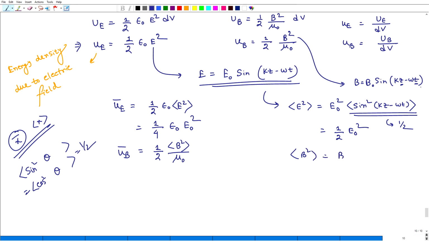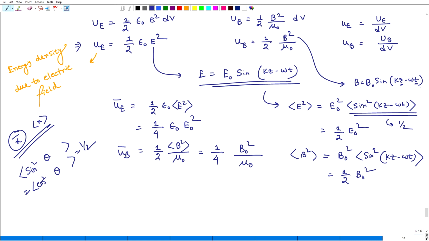It will be B naught square, the average of sin square (kz minus omega t). So, it will be half B naught square. If we write it, then it will be again 1 by 4 B naught square by mu naught. Is it clear?